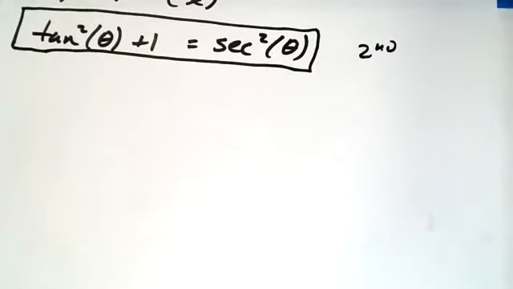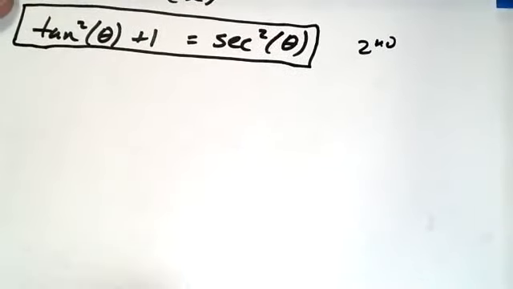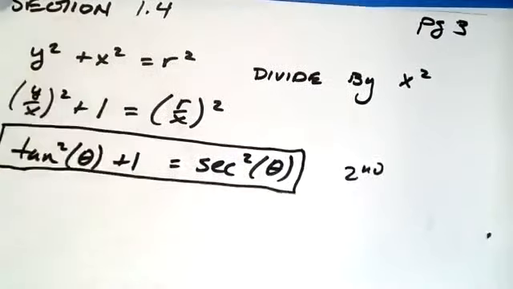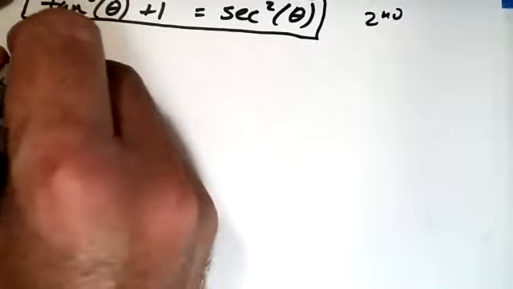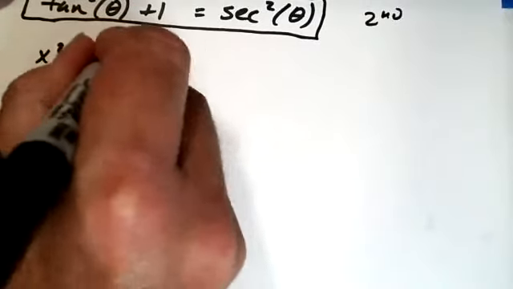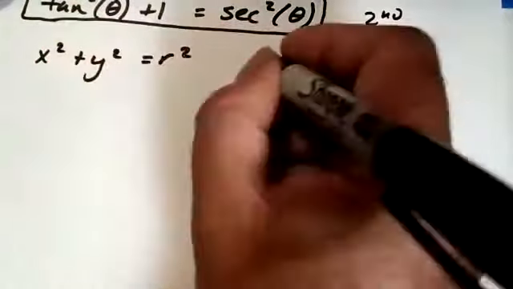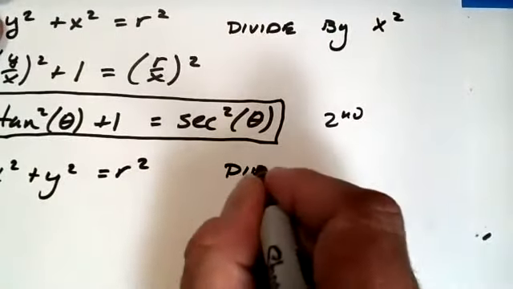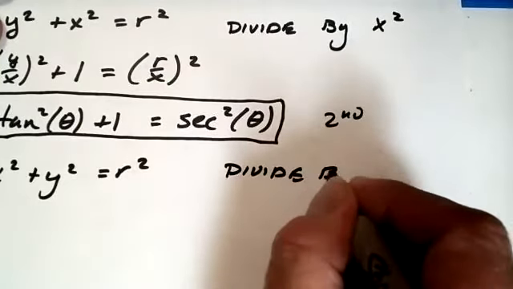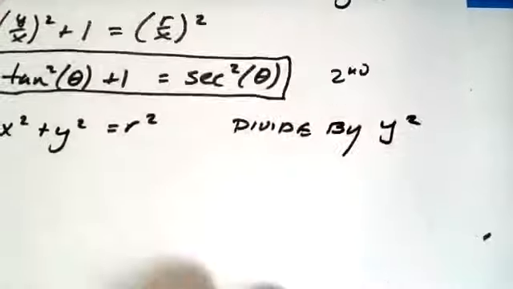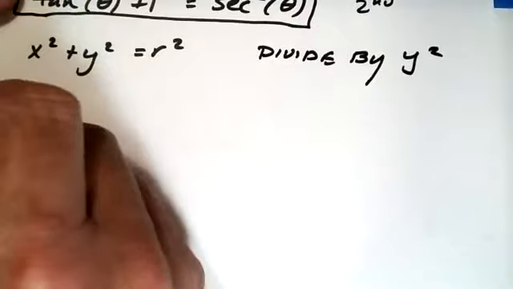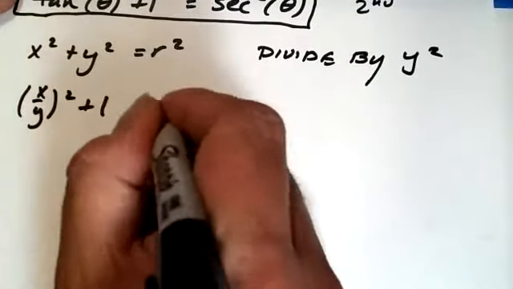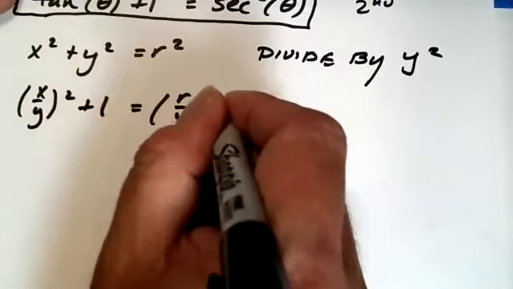The last one, as you can imagine, works very, very similarly. I'm going to start with a version of this. I'm just going to interchange x with y. There are certain ways that I do them just so I remember them. So x squared plus y squared equals r squared. And this time, rather than dividing by r squared or x squared, I'm going to divide by y squared. Just like before, this ends up with x over y quantity squared plus 1 equal to r over y quantity squared.